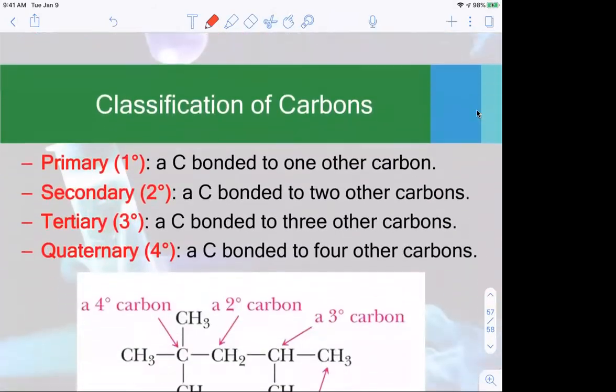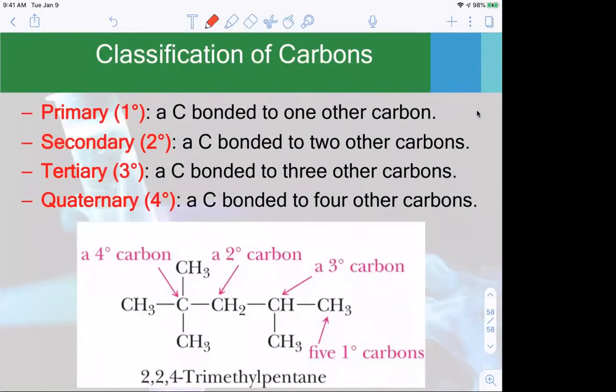One more thing before we go. Remember in those butyl groups, I called the sec-butyl, that group was attached to what I call the secondary carbon. So I just want to talk about how we classify carbons based on what is attached to that carbon. A primary carbon is a carbon that is bonded only to one other carbon.